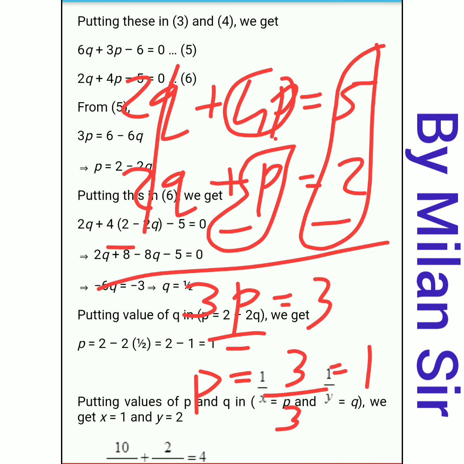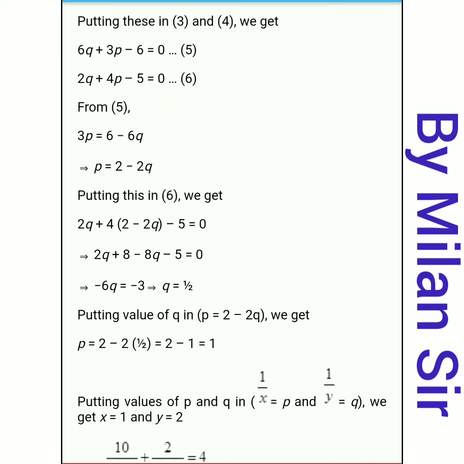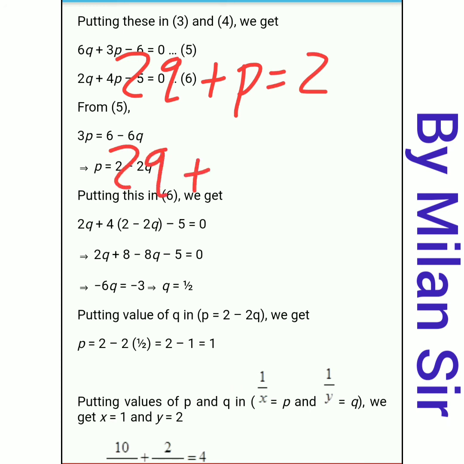Now we can put p is equal to 1 either in equation number 3 or in equation number 4. I am going with equation number 3. What is our equation number 3? It is 2q plus p is equal to 2. Now put p is equal to 1 here.